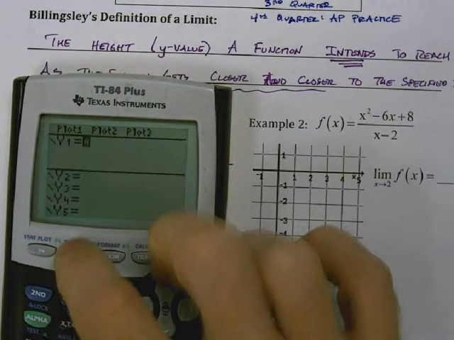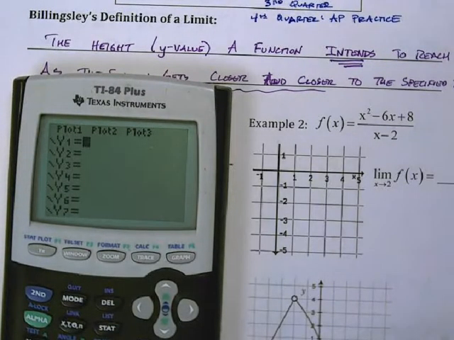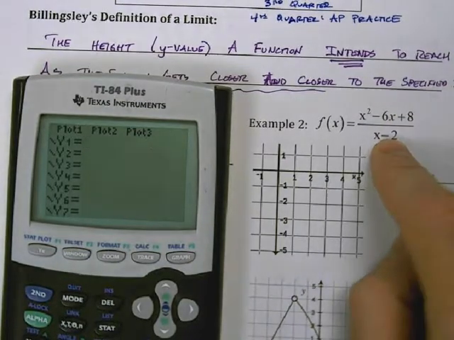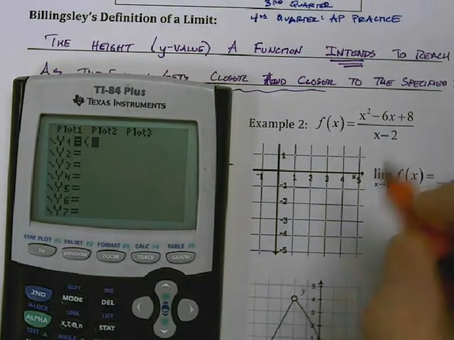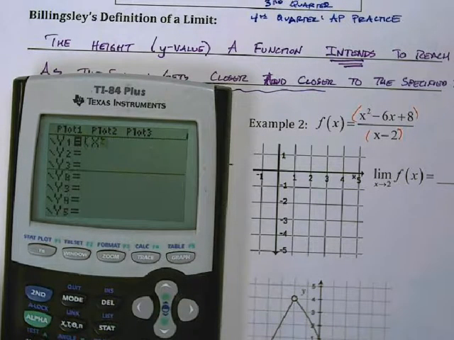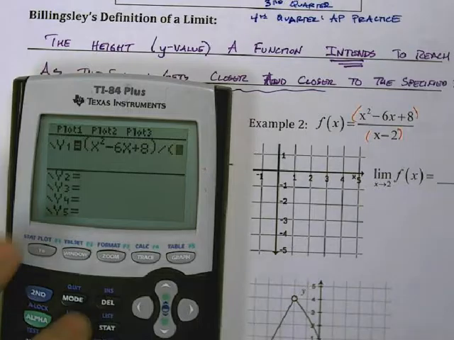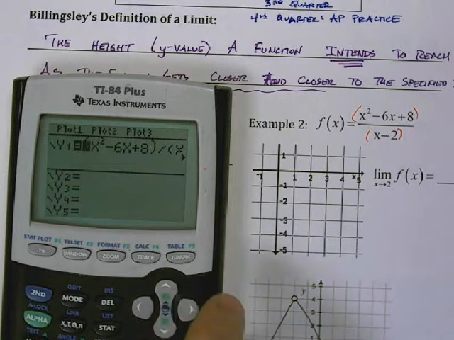When you put it in, I would not use the fraction button on this, because when you input fractions into your calculator, it outputs fractions. I just put parentheses on the top and the bottom. So I'm going to put x squared minus 6x plus 8 divided by parentheses x minus 2. I would put it in exactly like that, with parentheses around the top and the bottom. And I'll hit graph.